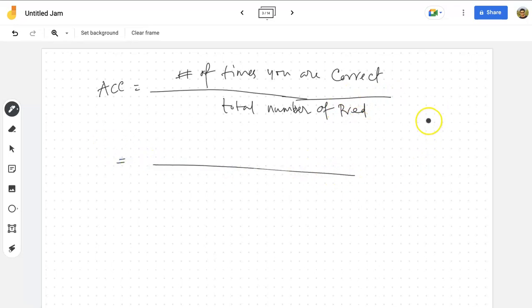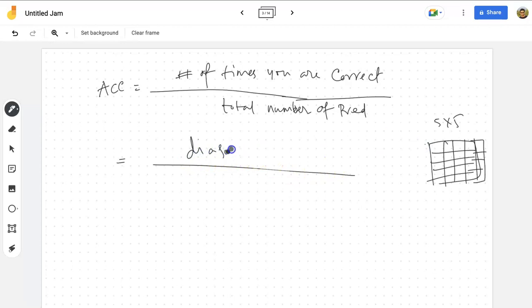Recall the 5x5 table that was given. The numerator will be the diagonal entries from the table, from the confusion matrix.